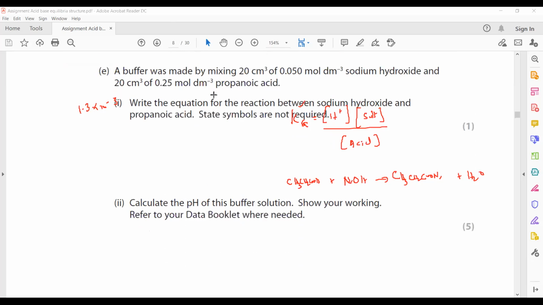As you can see, this is the formation of a weak acid and its salt. The NaOH is 0.05, so it is obvious the acid is in excess, so we will have acid and we will have the formed salt.